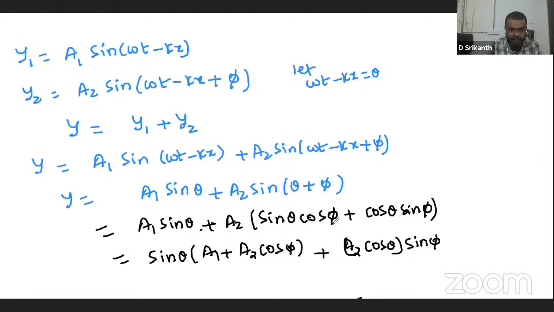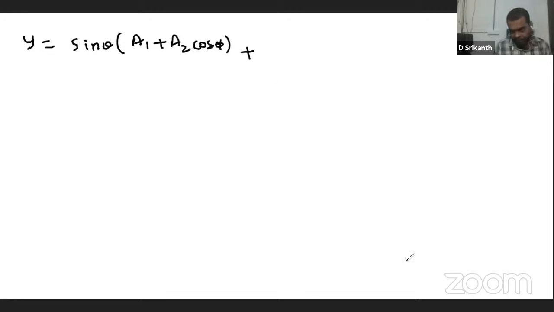Expand this sine of theta plus phi as sine theta cos phi plus cos theta sin phi, and take sine theta common, a1 plus a2 cos phi. Now I am considering that we are having the equation sine theta into a1 plus a2 cos phi plus cos theta into a2 sin phi.